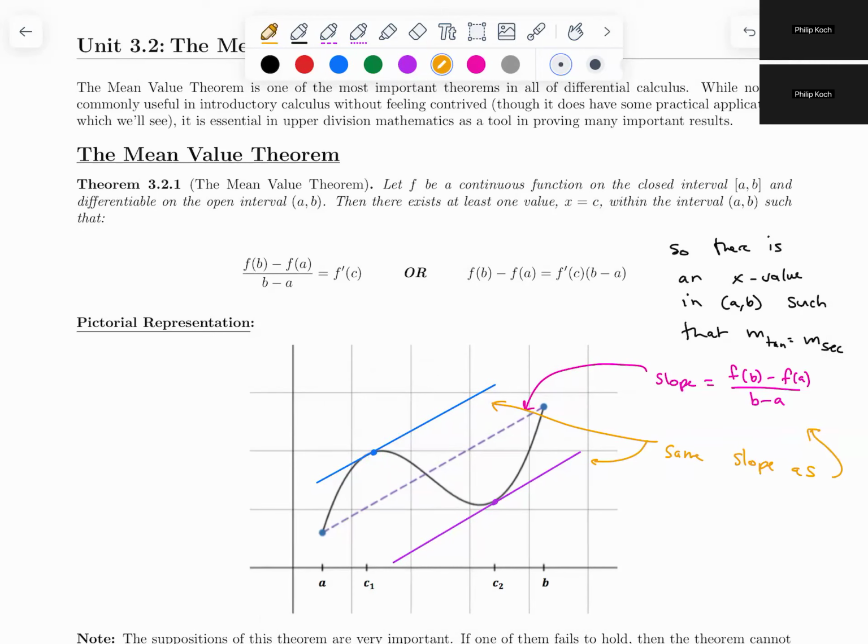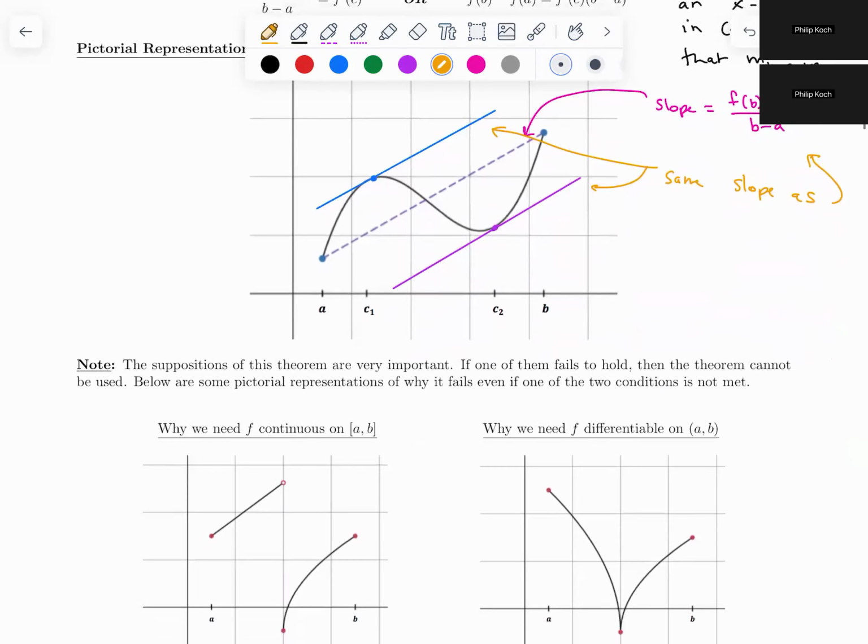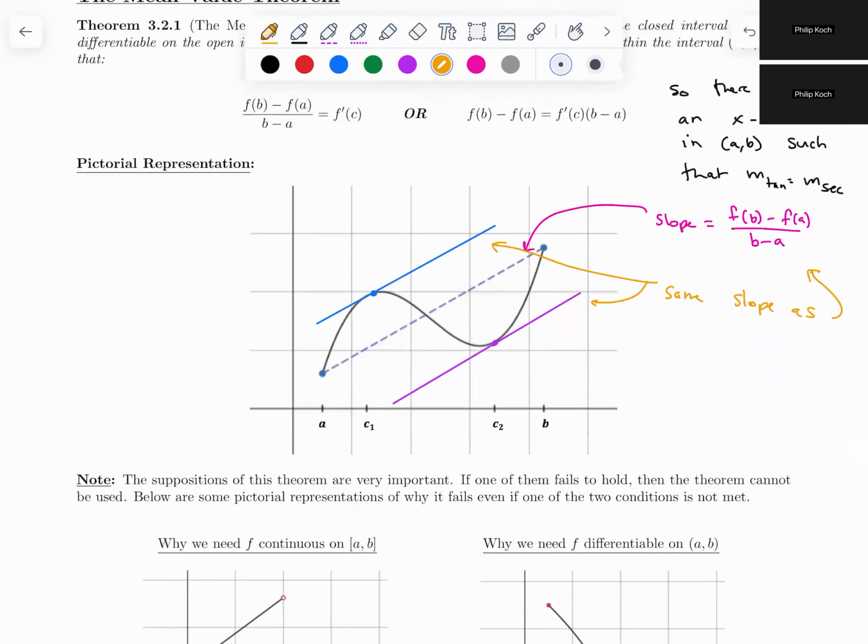One of the most useful points of it is that there's a continuation of it called Rolle's theorem that allows you to find critical values, but that's neither here nor there. We'll get to that.